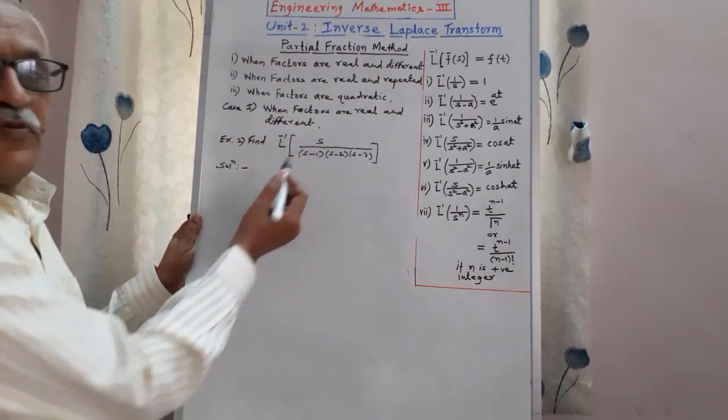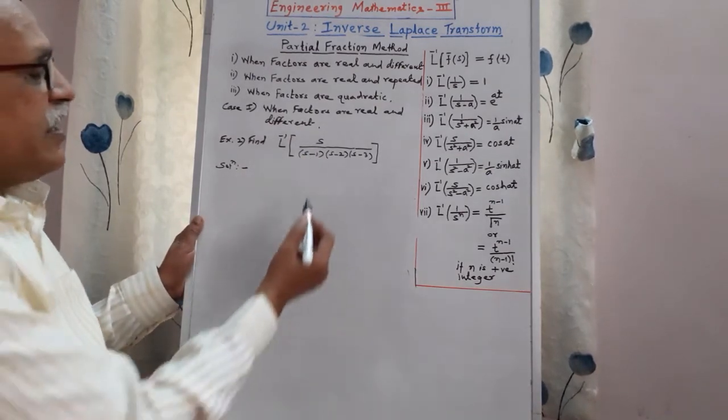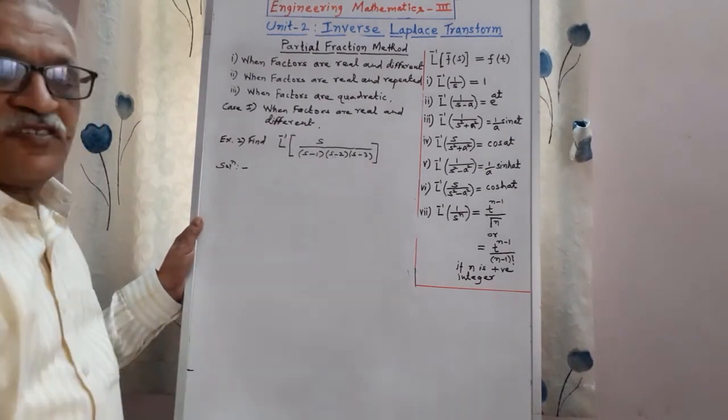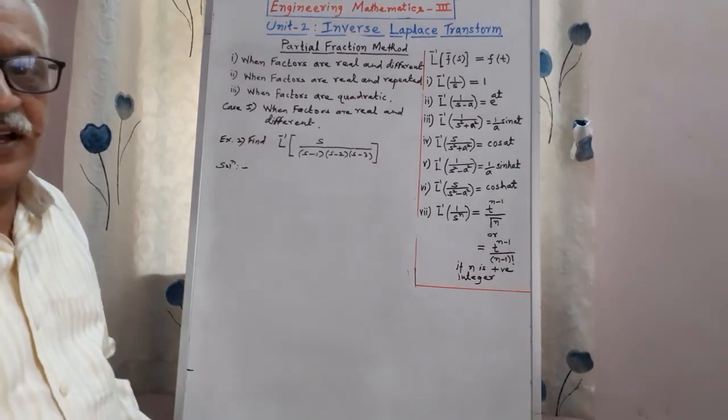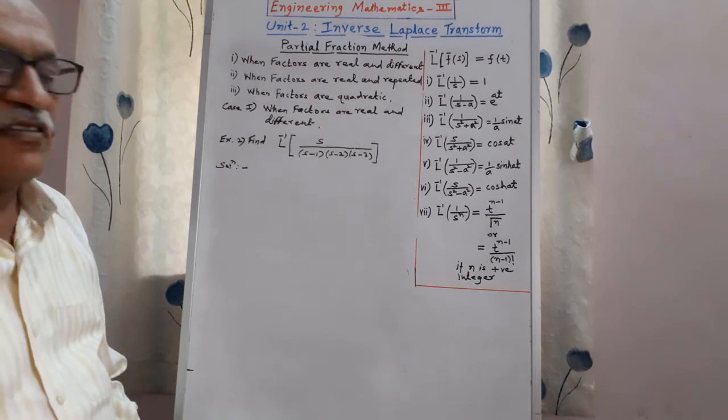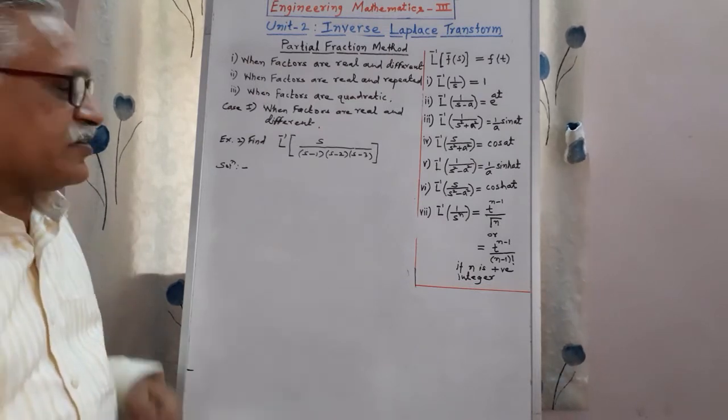Here the degree of numerator term is 1 and degree of denominator term is 3. 1 less than 3, and that's why it is a proper fraction. And as it is proper fraction, we can use partial fraction method.